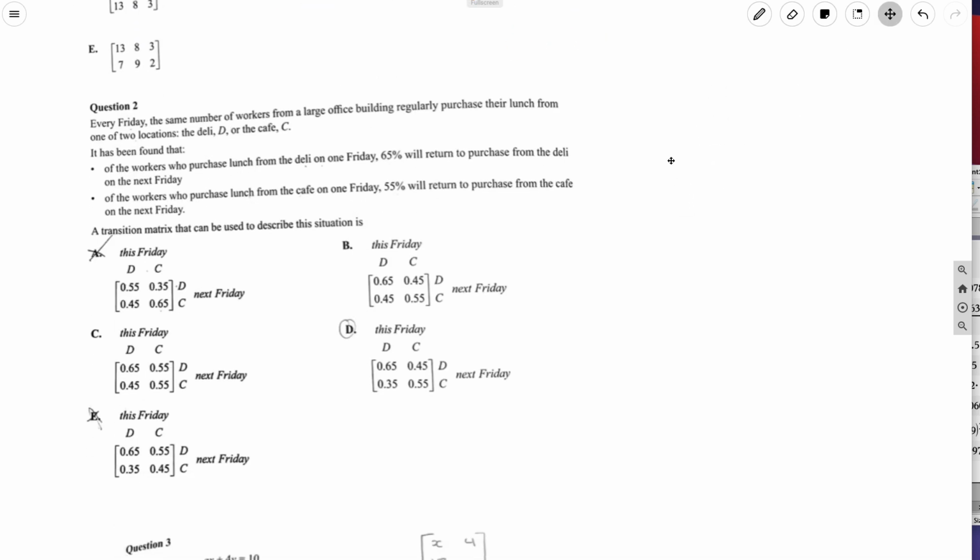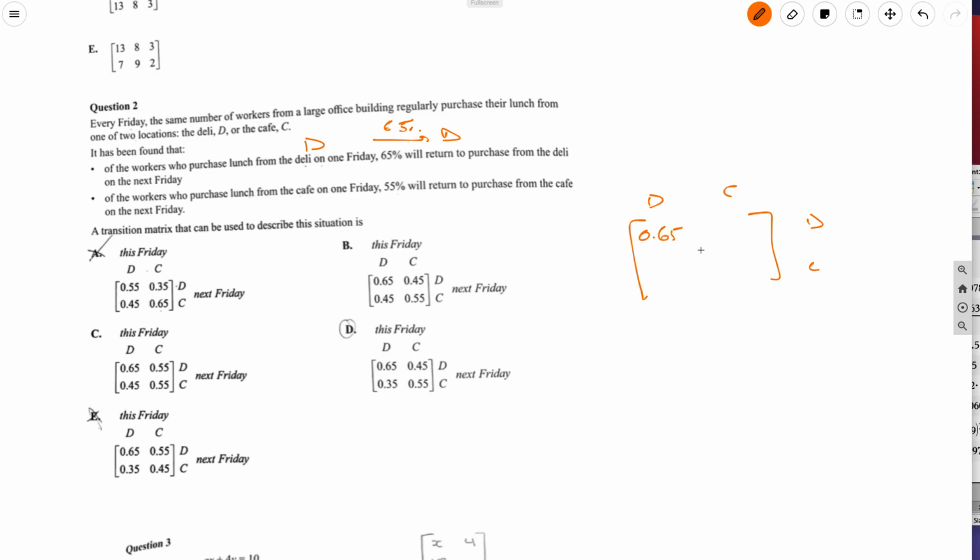Every Friday, the same number of workers from a large office building regularly purchase their lunch from one of two locations, the deli or the cafe. It's been found that of the workers who purchase from the deli, so it's just D on a Friday, 65% will return to D. So D to D, 65%. So I'm just going to immediately go DC, DC, because that's what they did.